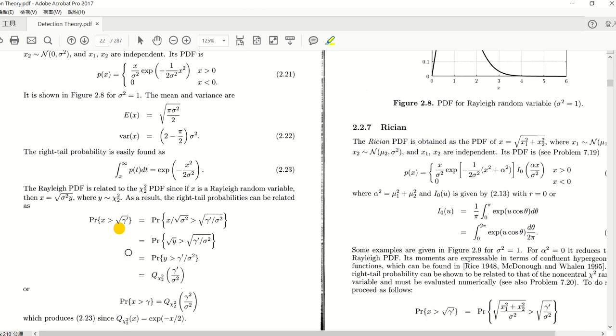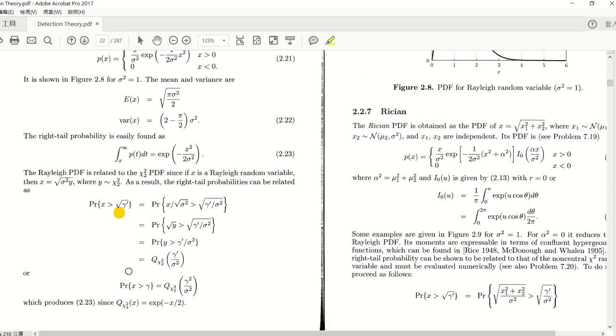This is chi squared with degree 2. Then you have the Q function of chi square degree 2, because Q sub chi square represents the right tail of y, right? So now it becomes Q sub chi square of this.